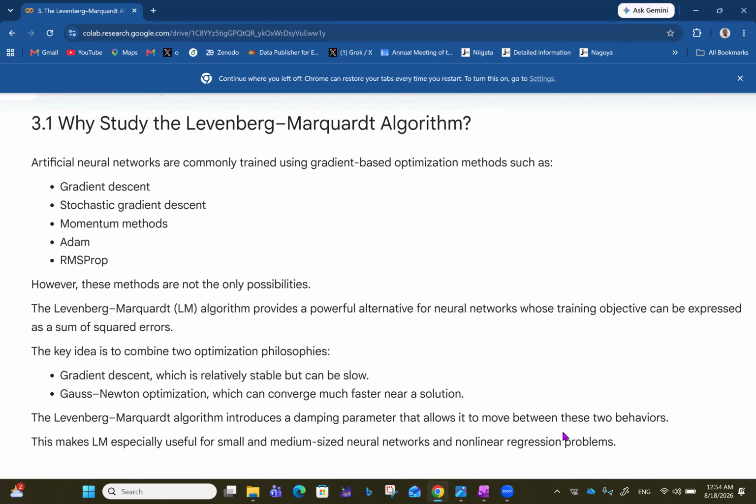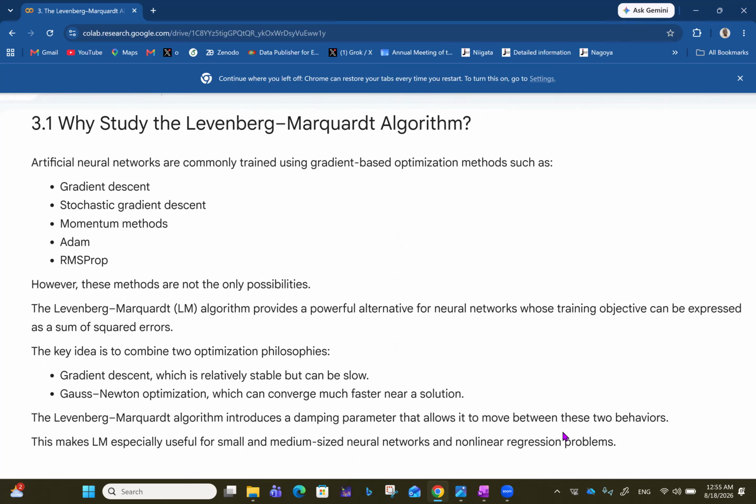So the key idea is to combine two optimization philosophies here. So we combine gradient descent, which is relatively stable but can be slow, and Gauss-Newton optimization, which can converge much faster near a solution. But of course, that would most likely require more compute power. So the Levenberg-Marquardt algorithm introduces a damping parameter that allows it to move between these two behaviors.